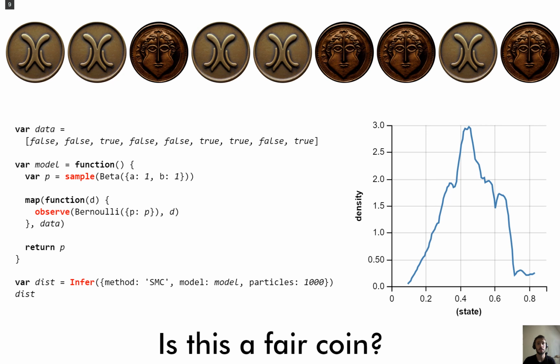To give you a taste of what PPL looks like in practice, let's take a look at the hello world of probabilistic programming, namely, is a given coin fair? A PPL looks just like any regular language. This one is called WebPPL and happens to look like JavaScript, with the addition of probabilistic constructs.